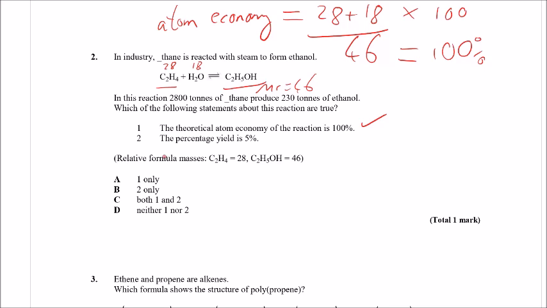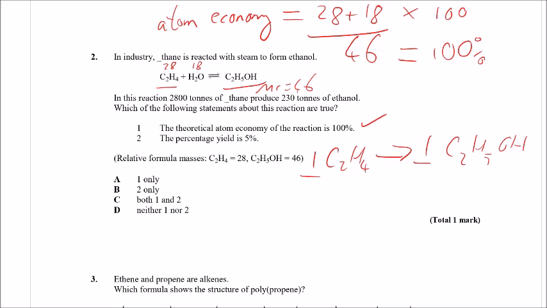And then to answer whether the percentage yield is 5%, let's think about moles. So 1 mole of C2H4 will go to form 1 mole of C2H5OH. So this is the ethanol, and 1 mole of ethene.